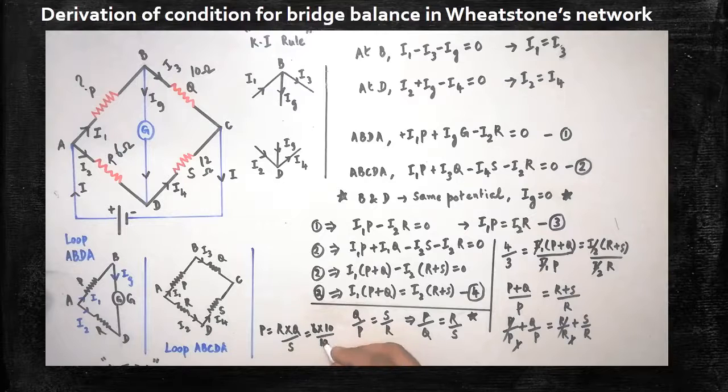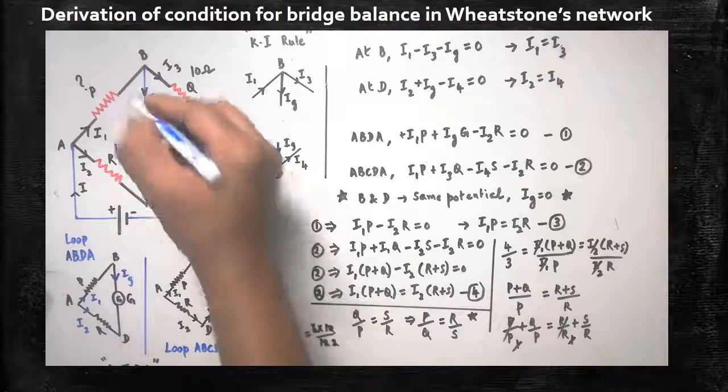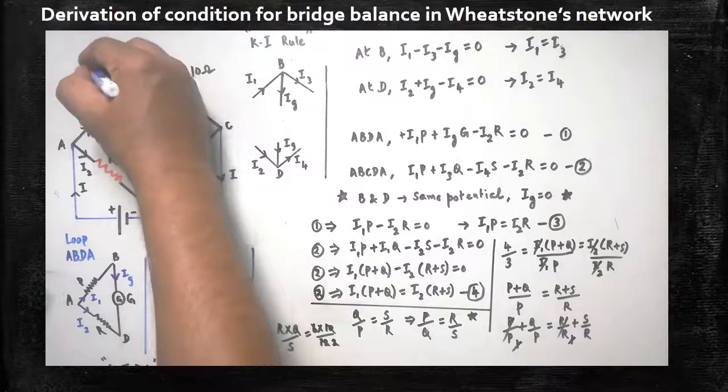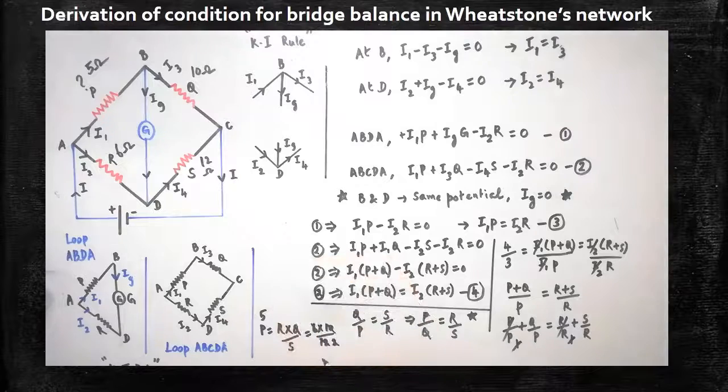When these are divided, you get 2, and finally you get 5. So the P value is 5. The unknown value can be calculated by using the condition for bridge balance.